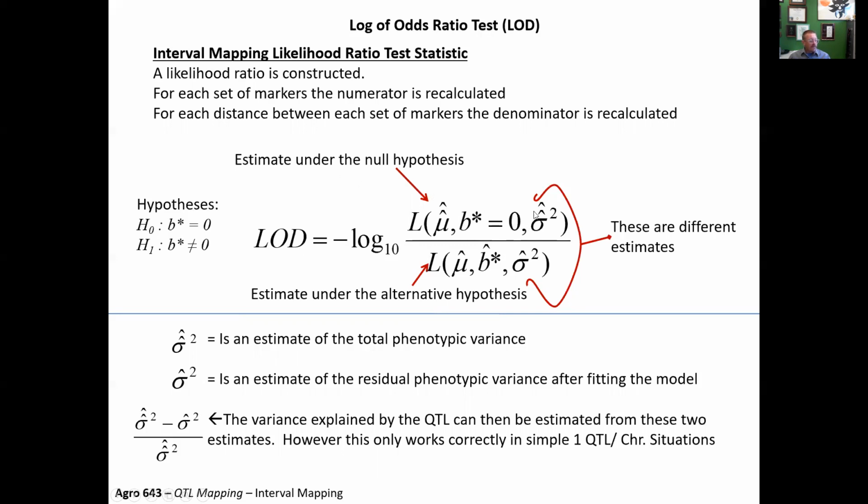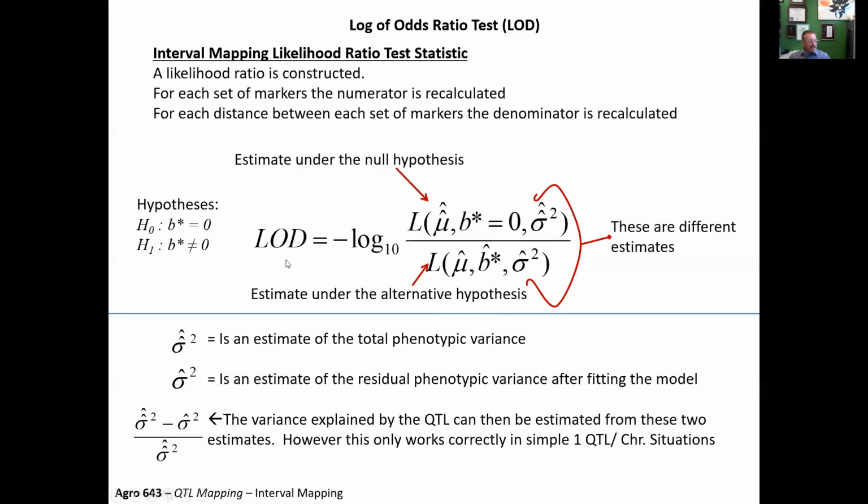And that null hypothesis is saying that there is no QTL, and the variance that is occurring there, and taking that over the likelihood of the mean and the effect size, right? And the variance if there was a QTL.